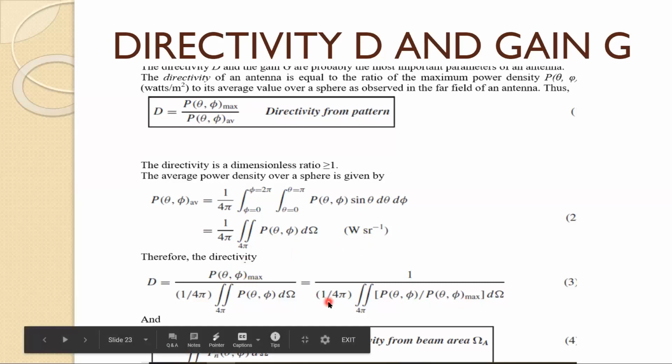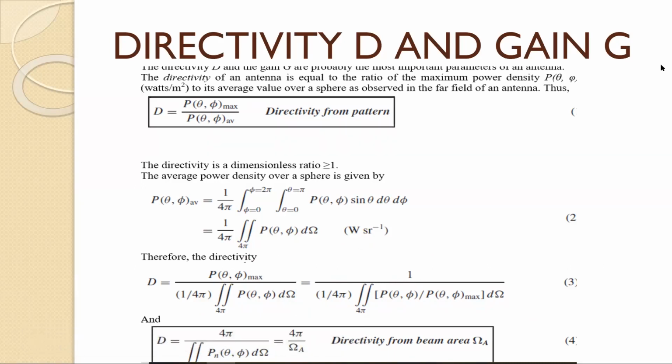So 1 by 4 pi as it is, double integration P of theta comma phi divided by P of theta comma phi maximum brought from the numerator. So the same d omega remains.